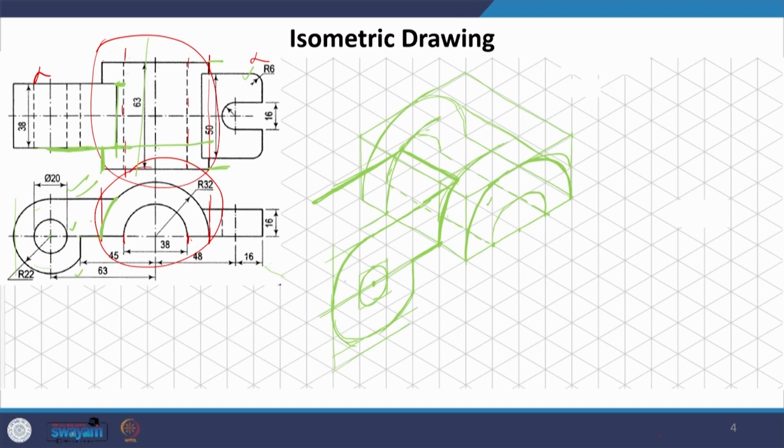So, you can arrive at the center of this one here and then draw the circle, bring it back.